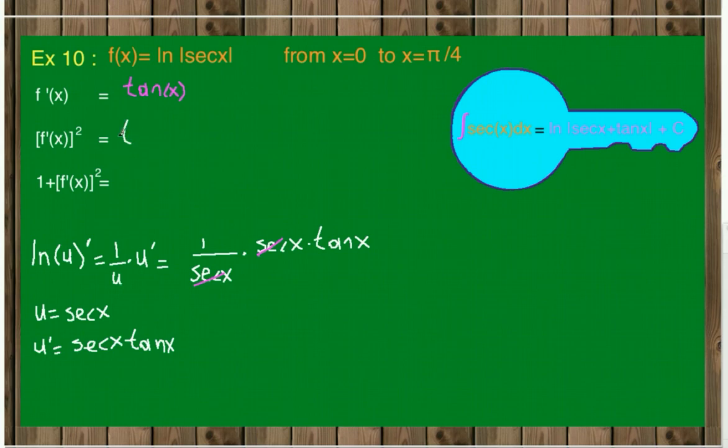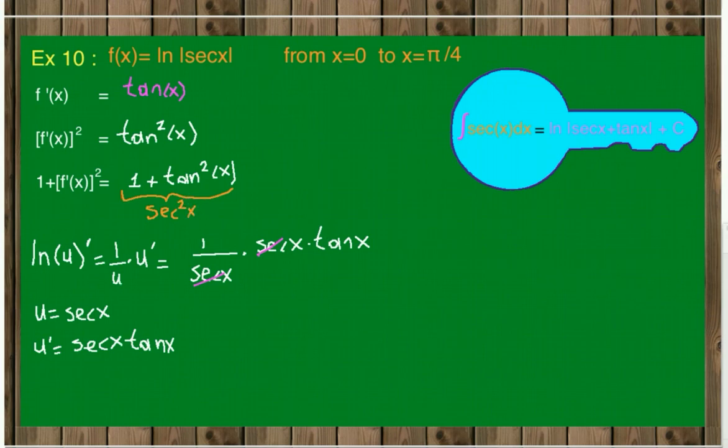It's going to be tangent squared of x. And we're going to add 1 to that quantity. Here you can realize that this is the Pythagorean identity: 1 plus tangent squared of x equals secant squared of x.